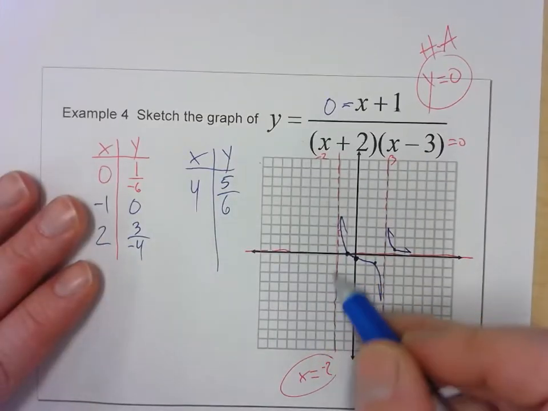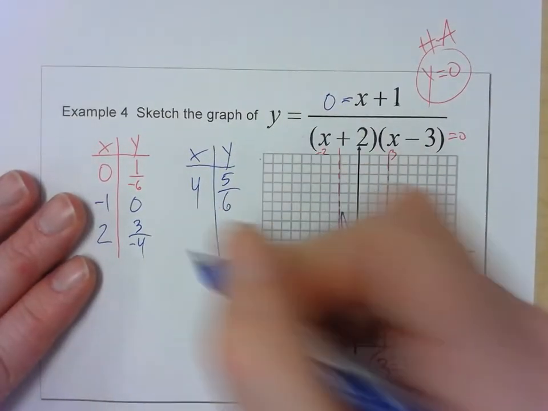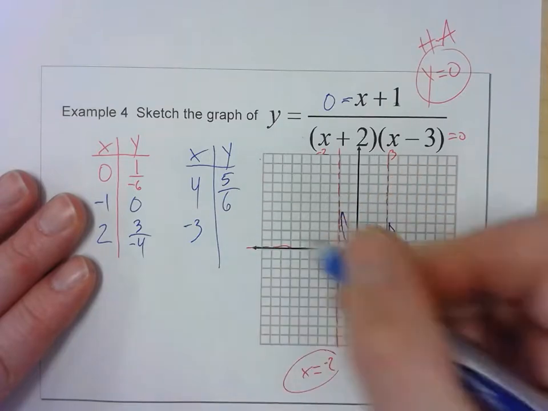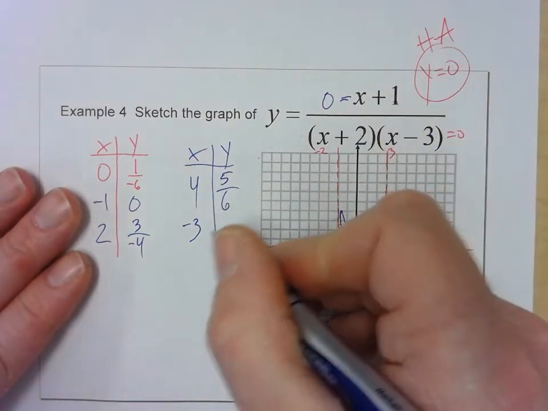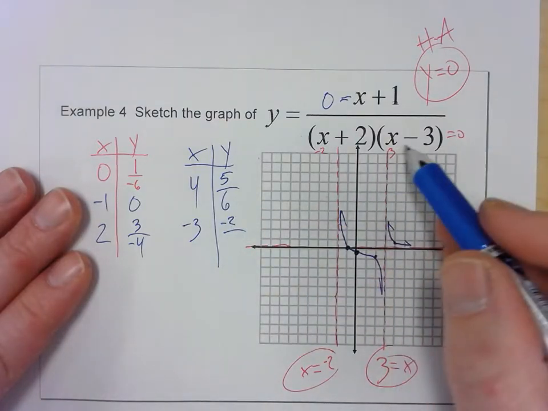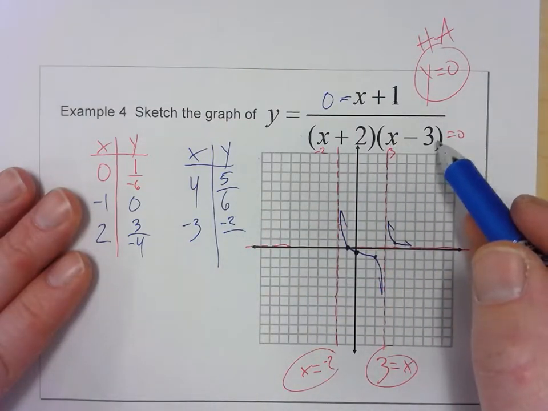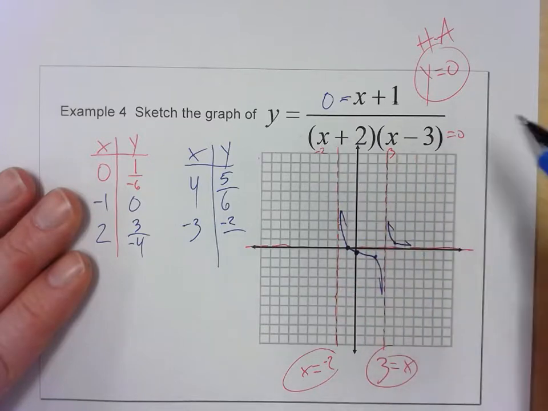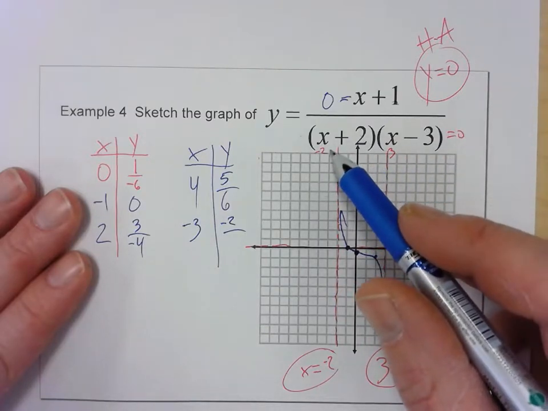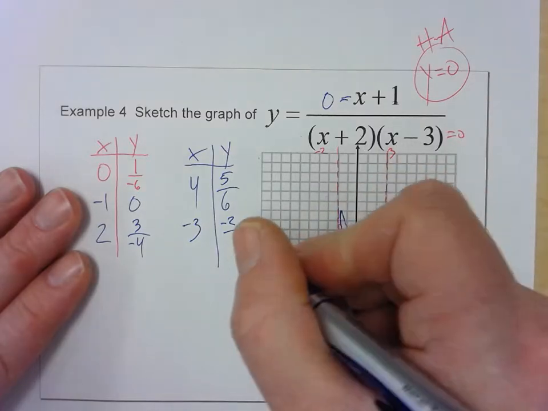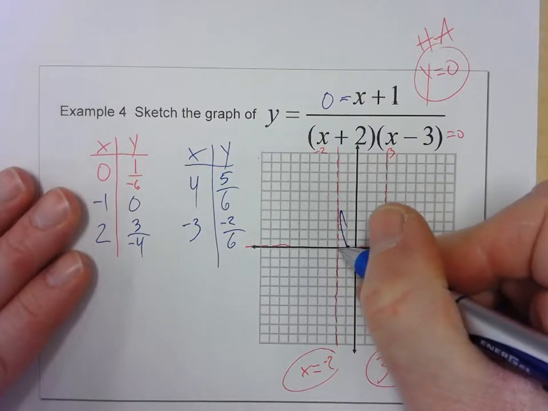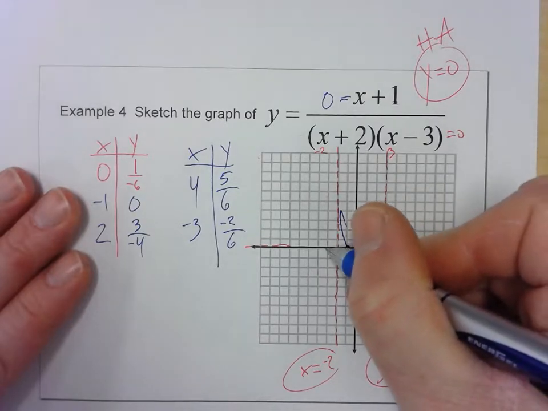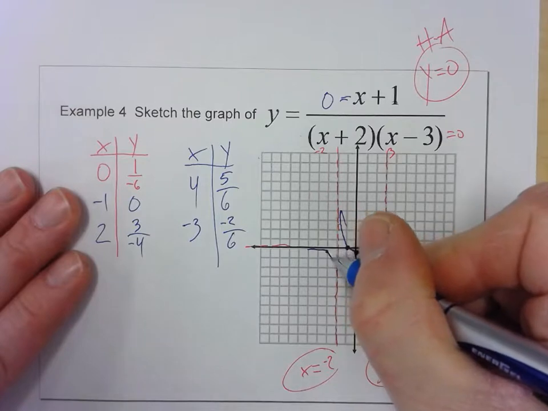Now I need to figure out, does it curve in here or does it curve up there? So I'm going to put in negative 3, because there's negative 2, so over to negative 3. That would be negative 2 on the top, and on the bottom it would be negative 6 times negative 1, which would be 6, so it would be negative 1/3, which would be right 1, 2, 3 down a little bit, so it's going to curve in here.